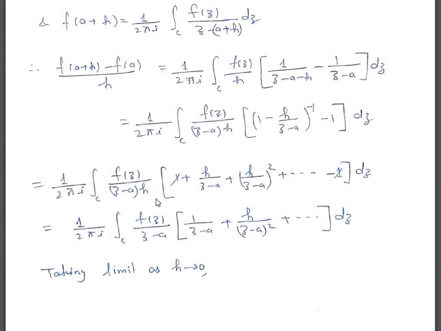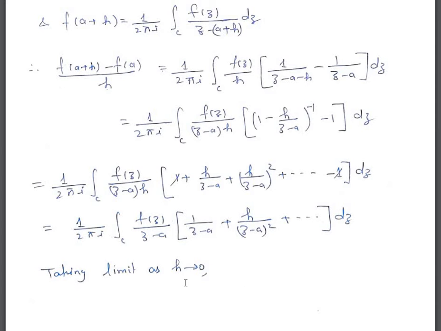And now you multiply by 1 upon h. So we have 1 upon 2 pi i integral over C f(z) upon z minus a. Now here h will get cancelled and we are left with 1 upon z minus a plus h upon z minus a whole square and so on dz.